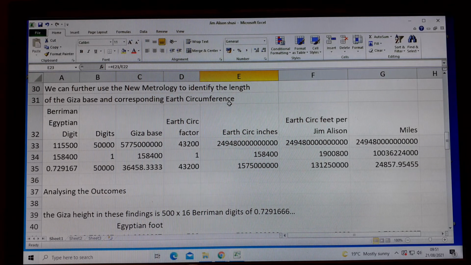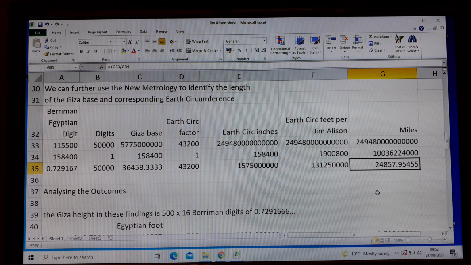And this is what I'm saying about what Jim's doing here. Jim's giving us this figure, 24857.95455, as the ancient designers' estimate of the circumference of the Earth, which is so close to the correct estimate for the polar circumference.